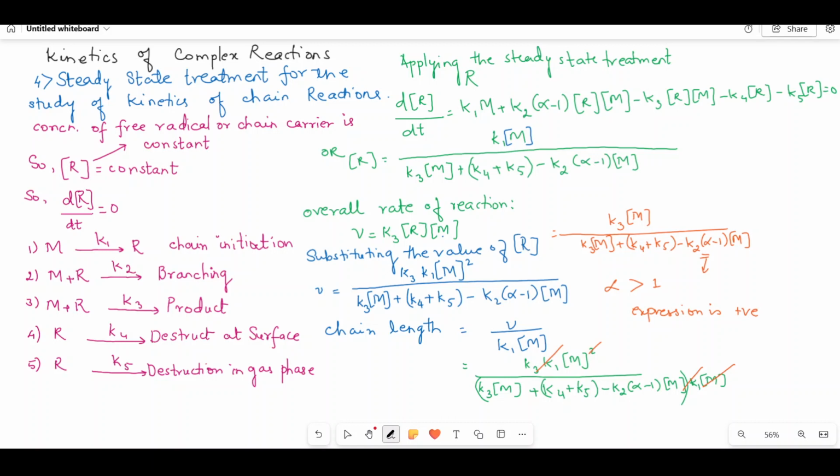Therefore, it is possible for the denominator to be 0. Under these circumstances, the rate in principle becomes infinite.